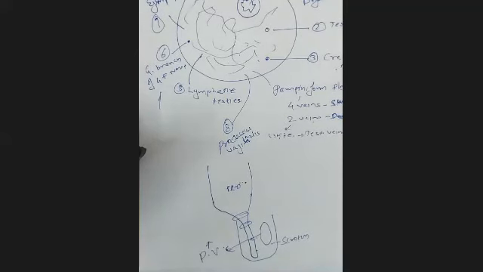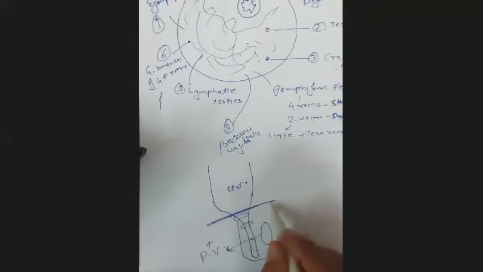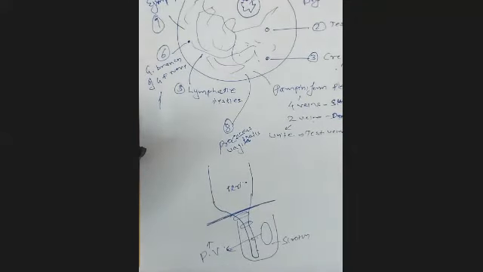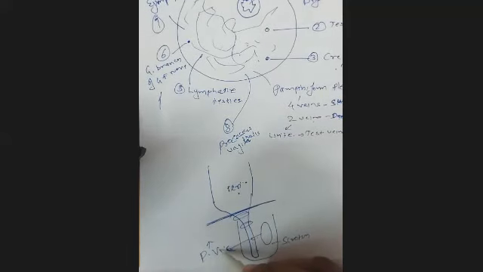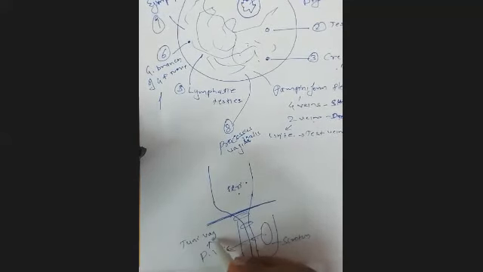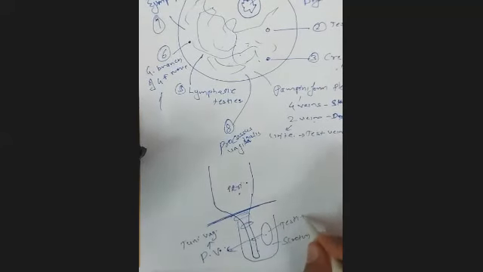Now what happens after birth? This gets cut off. The peritoneal cavity gets disconnected from the processus vaginalis, and the processus vaginalis forms the tunica vaginalis around the testes.